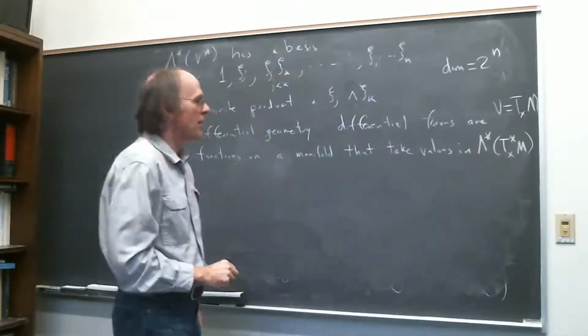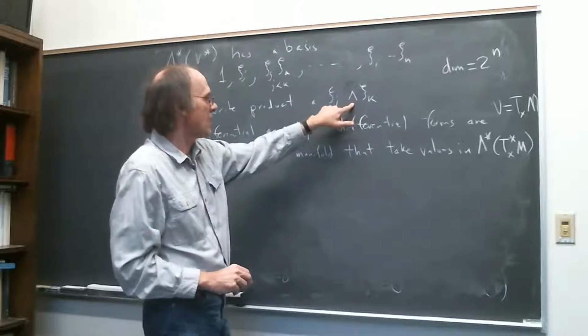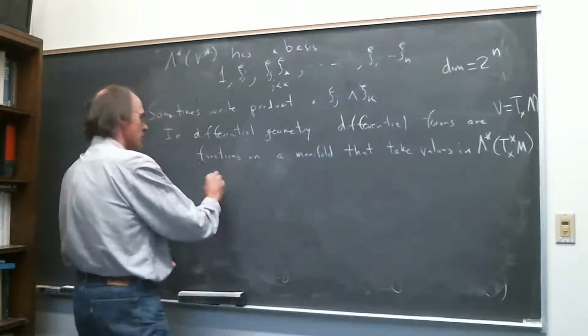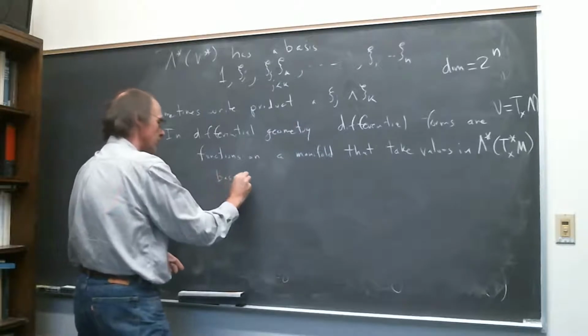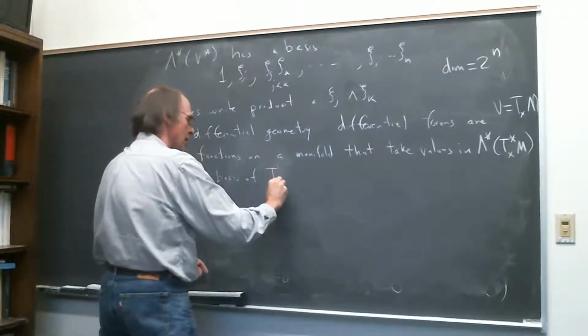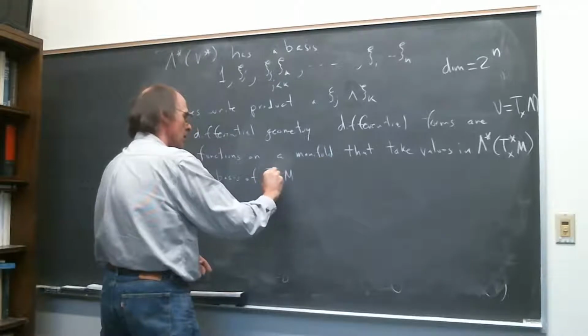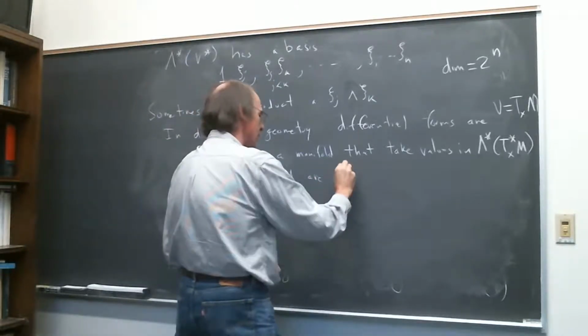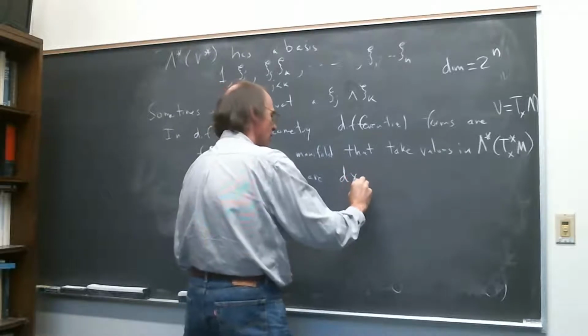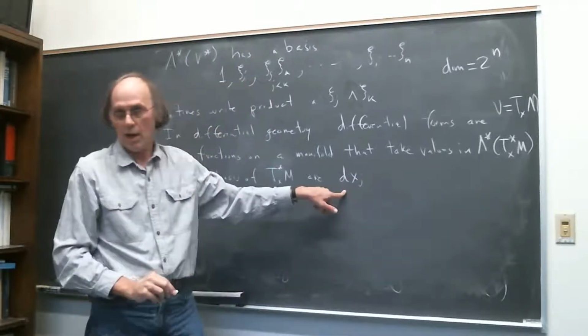Then you have a basis of T_X M star, and they are often written as the d's.